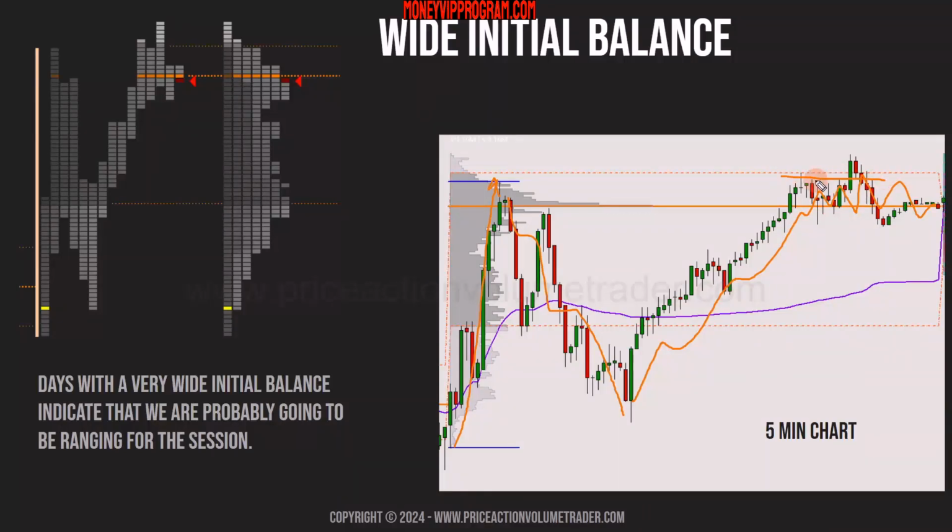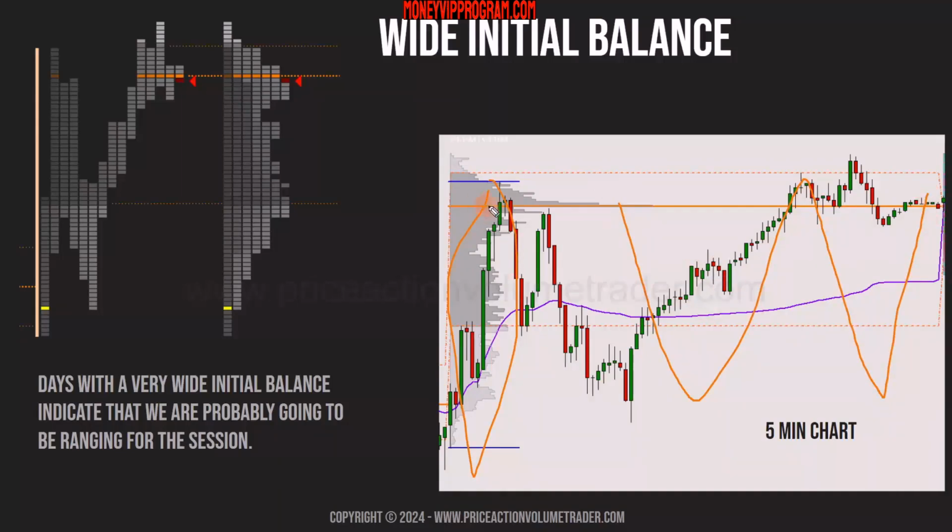We did have a false break and failure off of the top of the range, but when we establish a very wide range, it is most common that we are going to spend the rest of the session trading within this wide balance, because this means that the large players most likely just got their order fills early in the session.